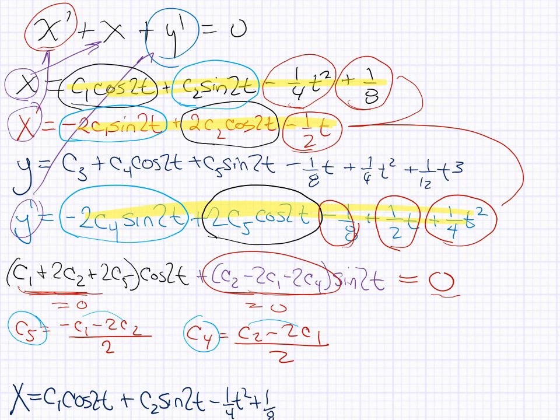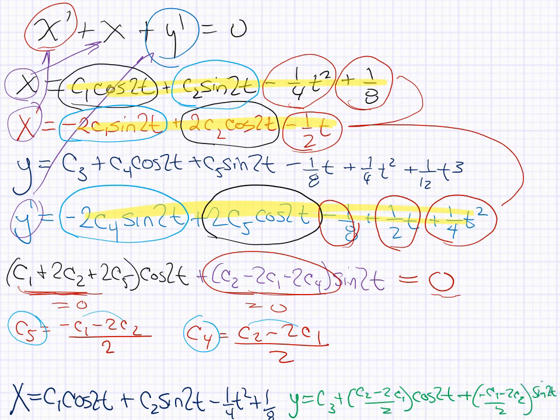Okay, so there's that. And then y, let me change colors. Let's say I go with green. y is our other solution, and y equals C3, couldn't do anything there, plus C4, which is C2 minus 2C1 over 2 times cosine 2t, plus C5, which is negative C1 minus 2C2 over 2 sine 2t.